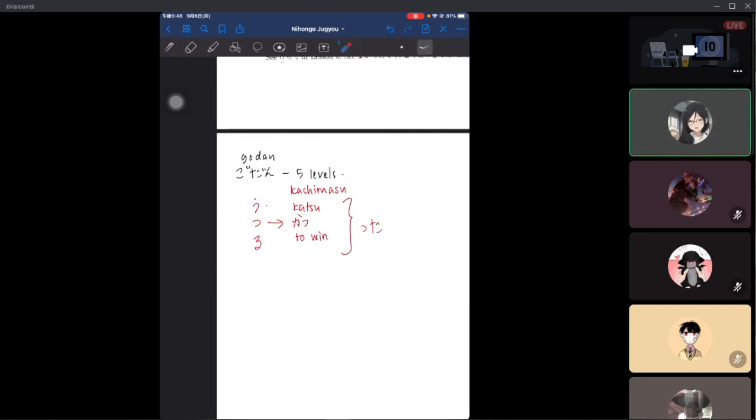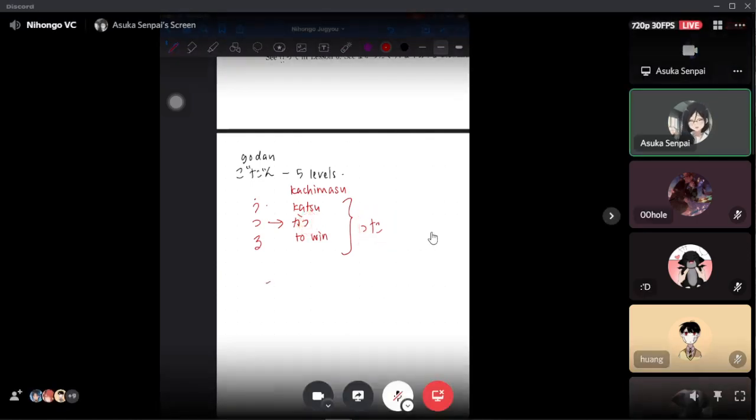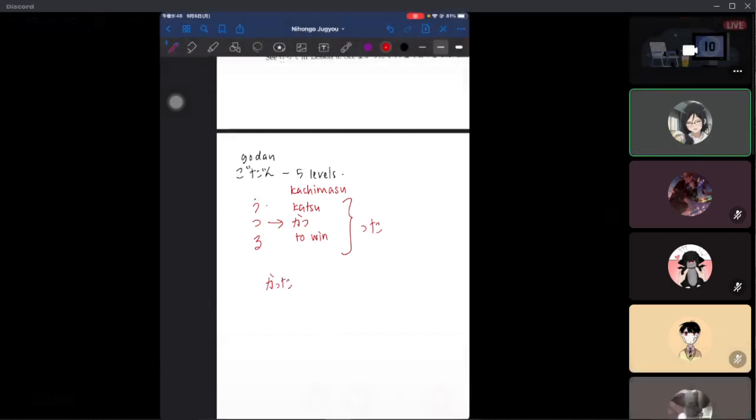People might be wondering, what do you mean? We take as an example katsu, which means to win. If you change it to this form, you are making it into the past tense, but in short form. So katsu, to win, in the past tense, you replace the tsu with this one, and it becomes katta, with a double t.